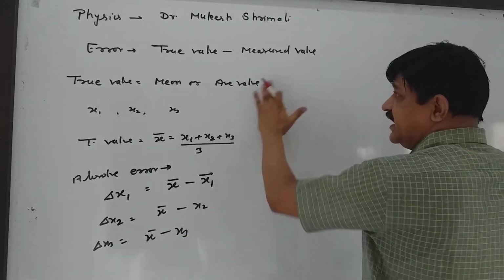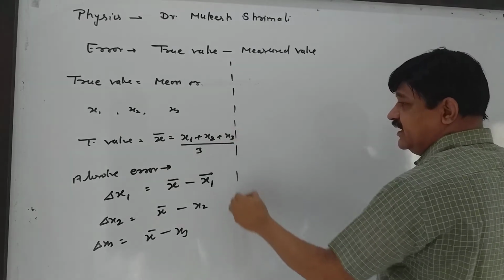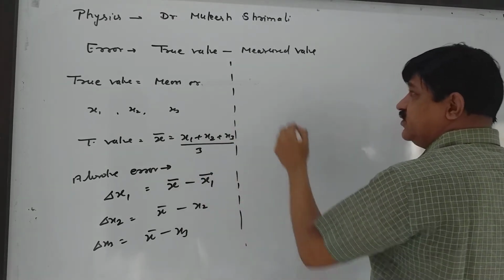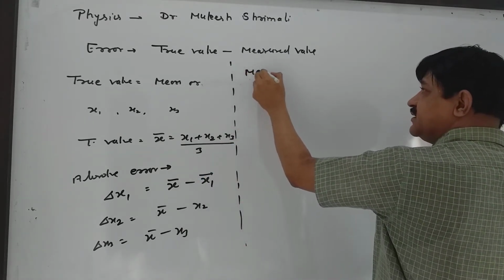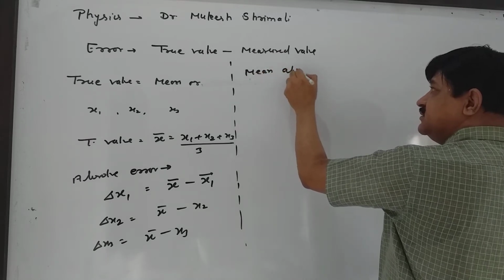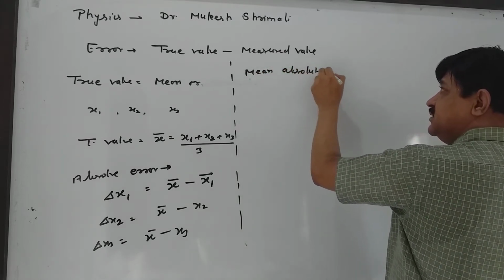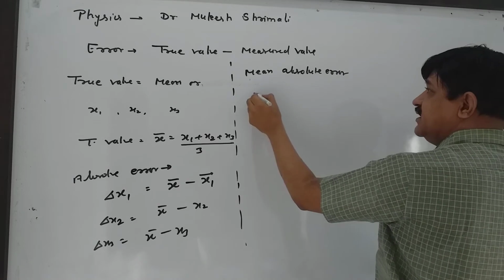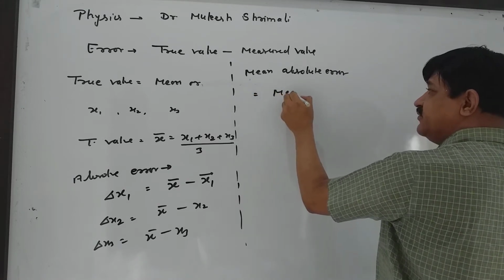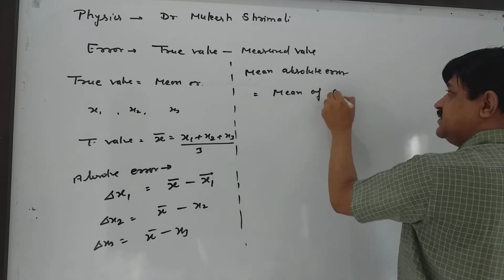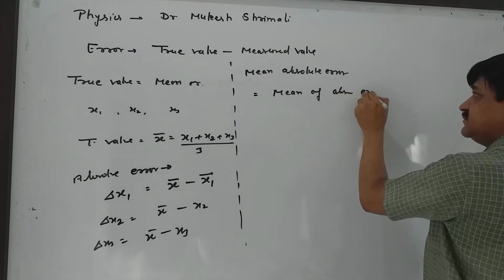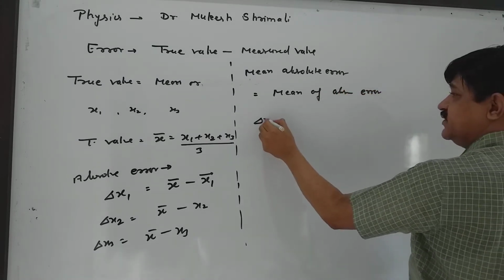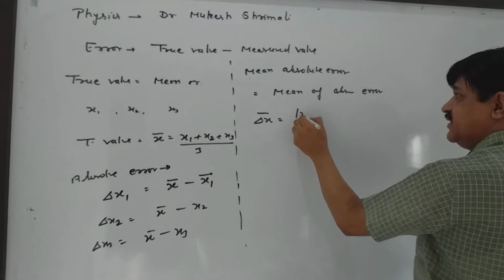Now, after finding absolute error, we must go for the mean absolute error. In mean absolute error, we will simply find the mean of the absolute errors, and this is denoted by del x bar. We always go with the modulus.